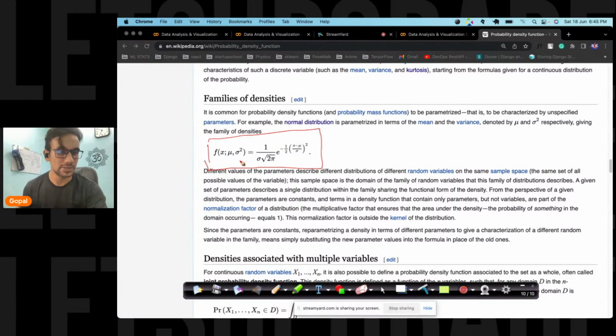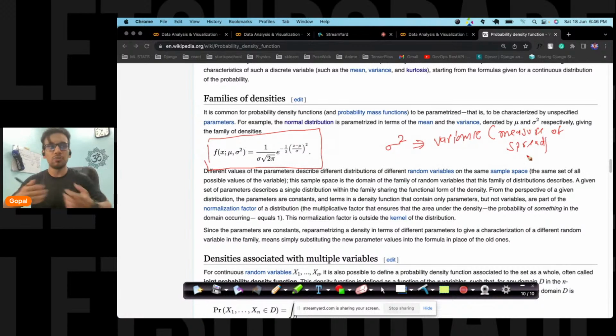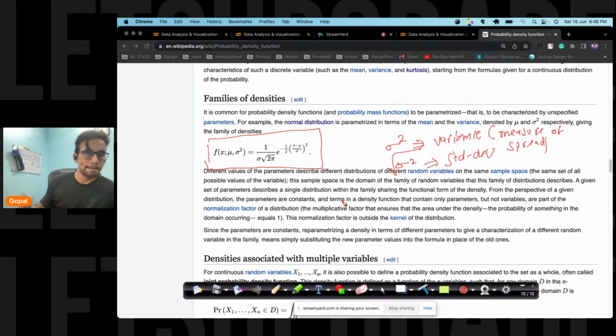How exactly does it work? Let's see. In this case, sigma square is the variance. Variance is the measure of spread, like how much data you can spread across your x-axis or y-axis. When we take the square root of your variance, it is your standard deviation. Okay, two terminologies are clear.